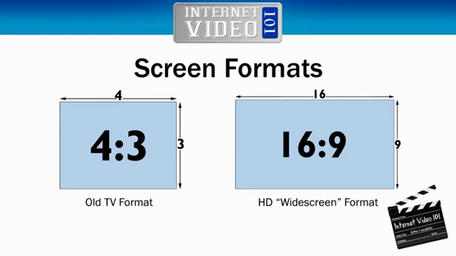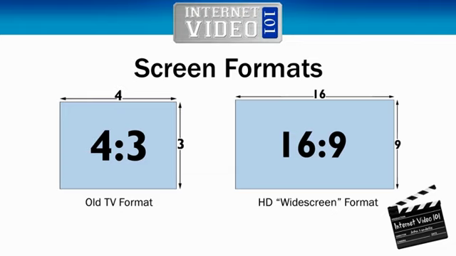The other option that we have is the 16:9. This is the high-definition widescreen format that people are becoming a lot more familiar with. What this is saying is, for whatever the width is, divide it by 16, times it by 9, and you get the height. So keeping the numbers very simple, if the width is 1600 pixels, the height would be 900 pixels. That would give you the perfect HD widescreen format.